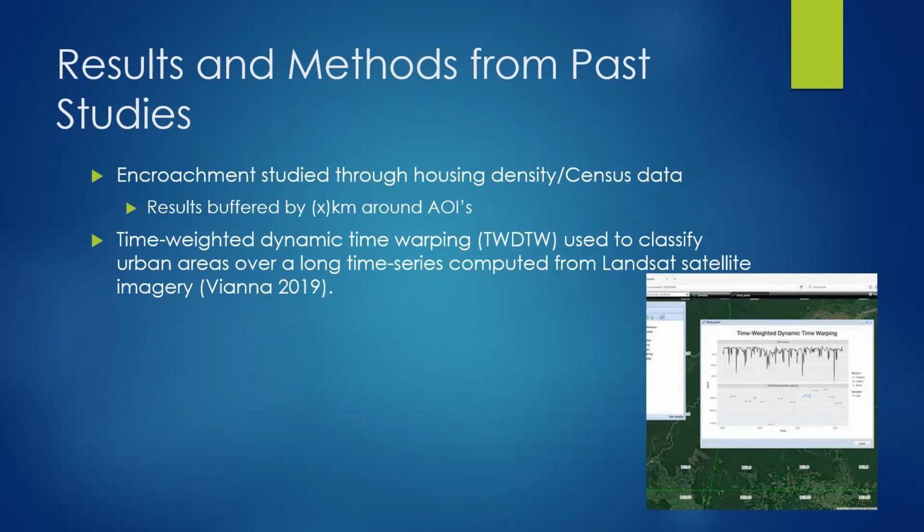A lot of their results came through buffers around their AOIs. Those buffers could be anywhere between 5 kilometers, 10 kilometers, up to 100 kilometers just around the AOI to try and show high development. And then other researchers have used an adaptation of dynamic time warping, called time-weighted dynamic time warping.